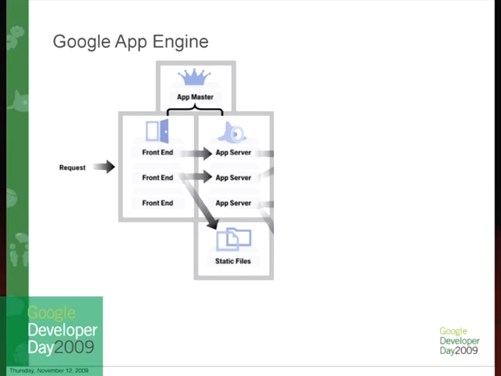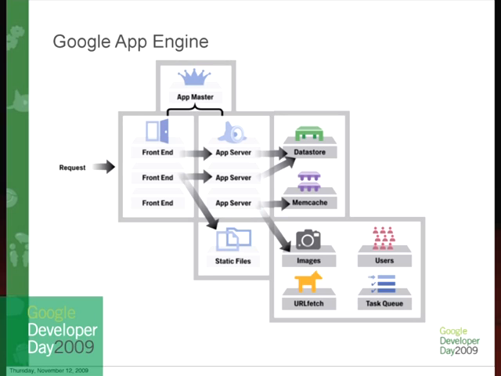So we take this one step further with specialization, and we serve static files from a different set of resources. Dynamic content comes from the AppEngine server, and static files from dedicated servers. We also have all the backend services built on specialized systems.